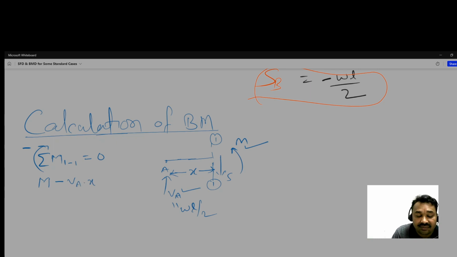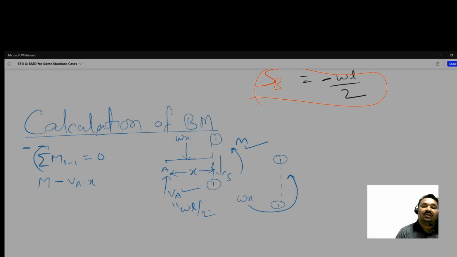Also the load wx we have to consider, about section 1, it also tries to rotate the beam anti-clockwise, and this is the section.